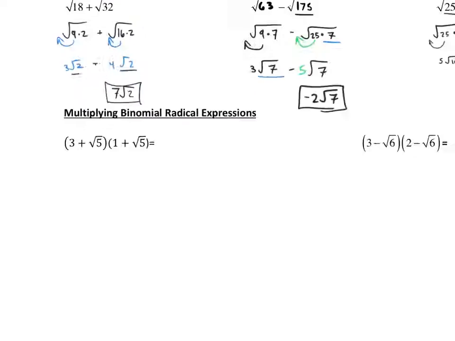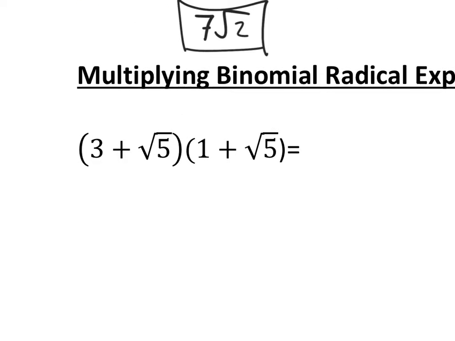Multiplying binomial expressions. This is where we're just going to be using FOIL, and we'll also have some square roots going on. So you just take it one piece at a time. 3 times 1, it's 3. 3 times square root of 5 is just going to be 3 times square root of 5, because what's really going on is this 3 doesn't have a square root, so it's going to just multiply by the invisible 1 out front.